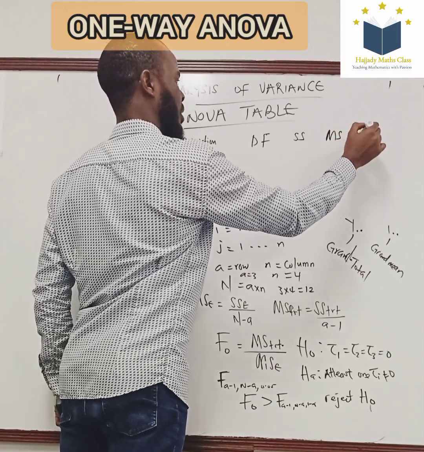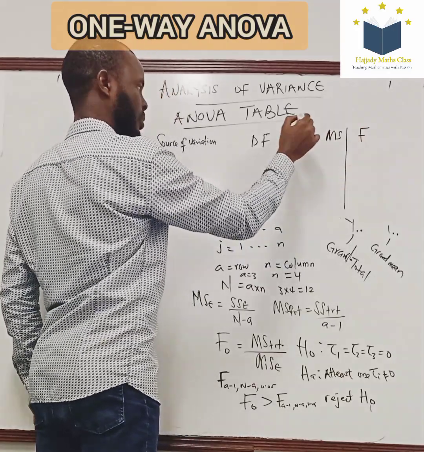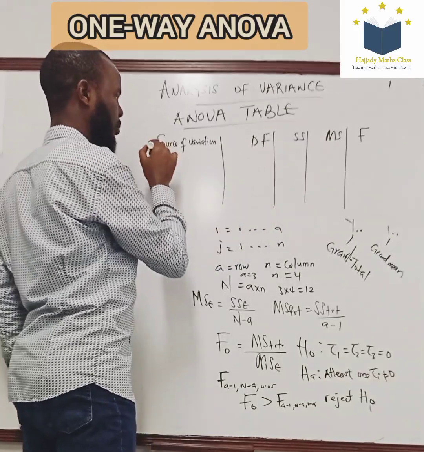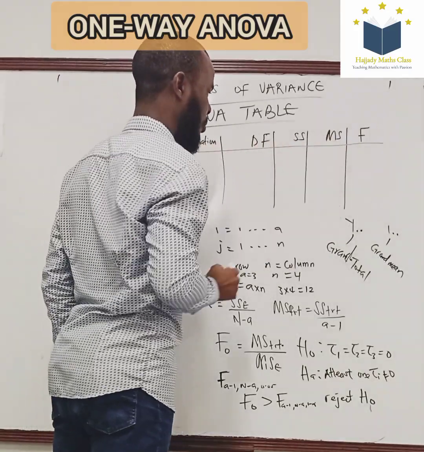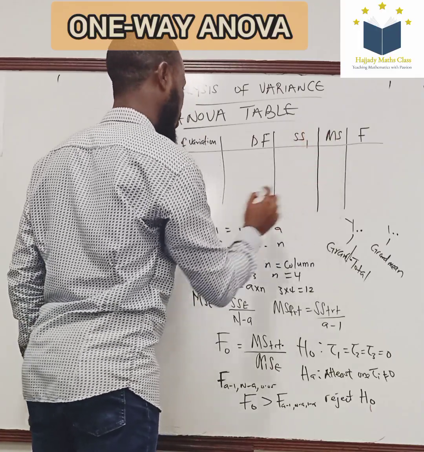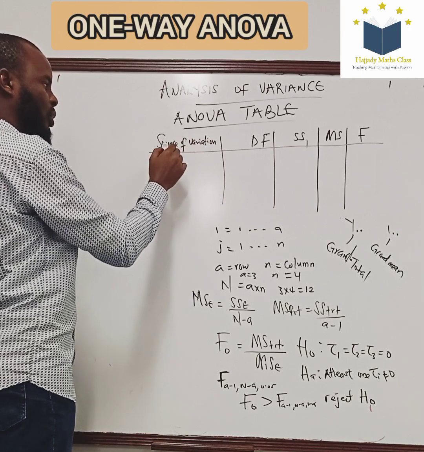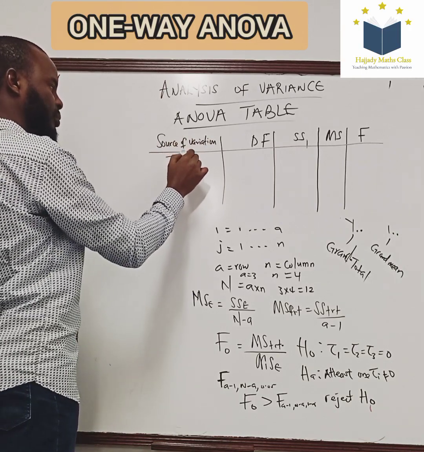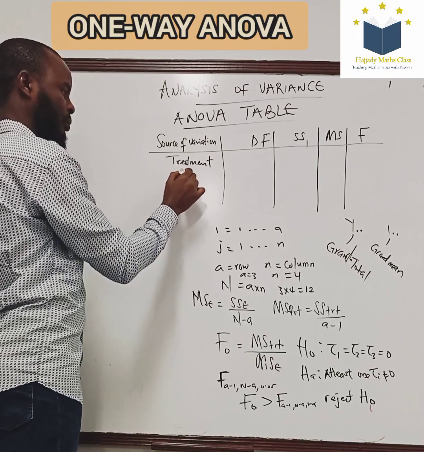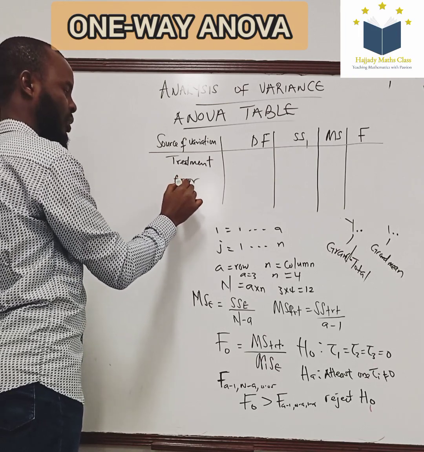And we also have the what? The F. For the source of variation, we have the treatment. We have the error. And we have the what? The total.